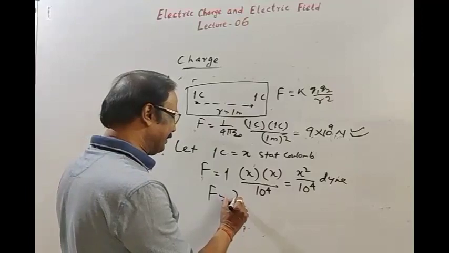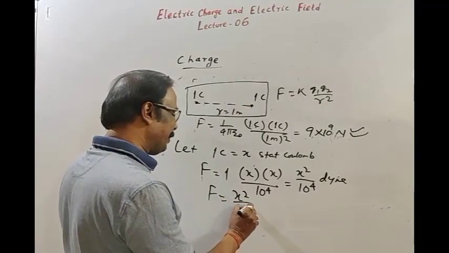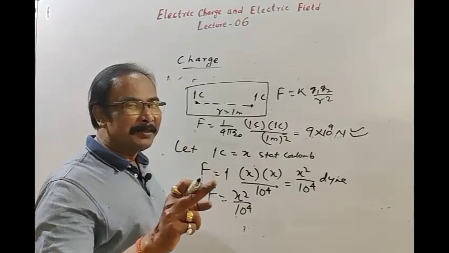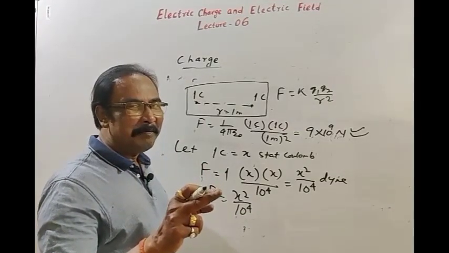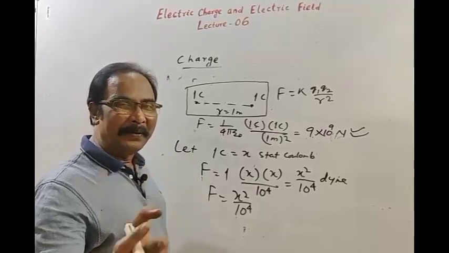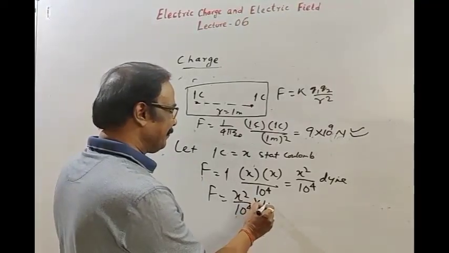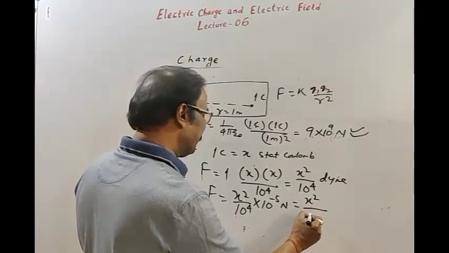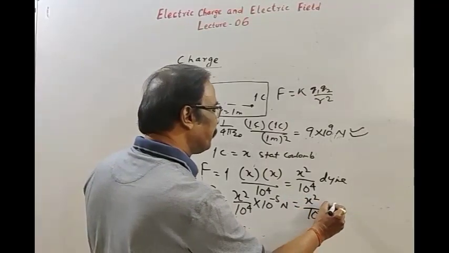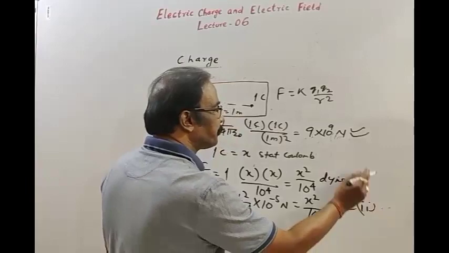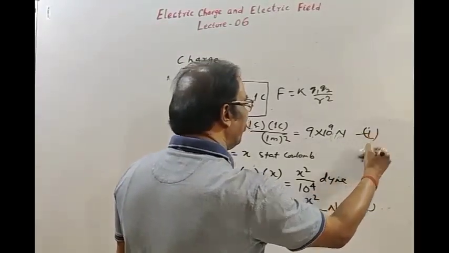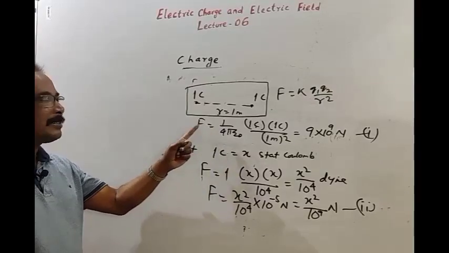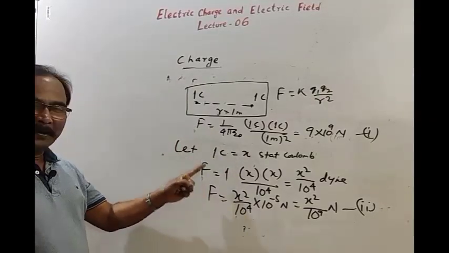Then force is x square divided by 10 to the power 4 dyne, and as we know, 1 dyne is 10 to the power minus 5 Newton. So this will come as x square divided by 10 to the power 9 Newton. This is equation 2, and that is equation 1. Now we will equate equation 1 and equation 2. See students, left side, force is the same.